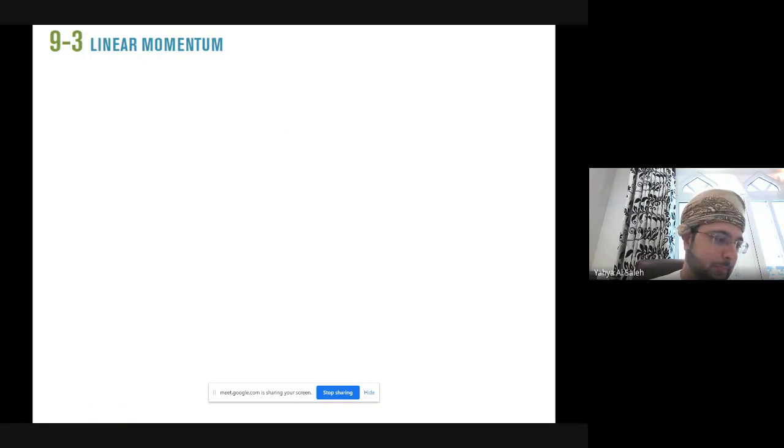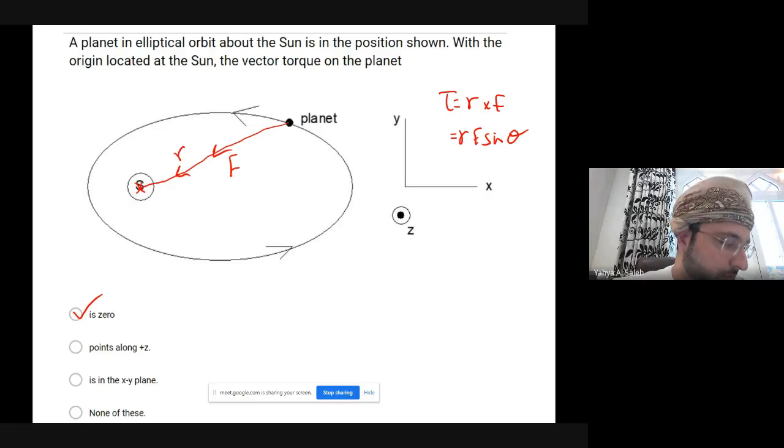How perpendicular? Your R is towards the center, your F is towards the center, so your angle between them is 0. If the angle between them is 0, you cannot have a torque, because sine 0 is 0. If we say that the answer is B, points along the z-axis, then yes, perpendicular.